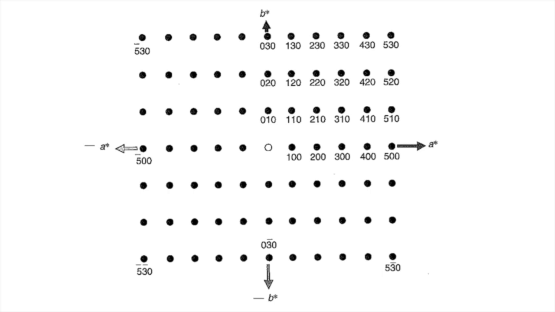This is one that's also in your textbook, figure 2.7, but this is what a reciprocal lattice might look like, at least one plane of it in reciprocal space. So again, each one of these points, you can form a vector from the origin, and that means that they correspond to the plane. So this first point corresponds to the real space plane 1, 0, 0, this one to 2, 0, 0, this one to 2, 1, 0.